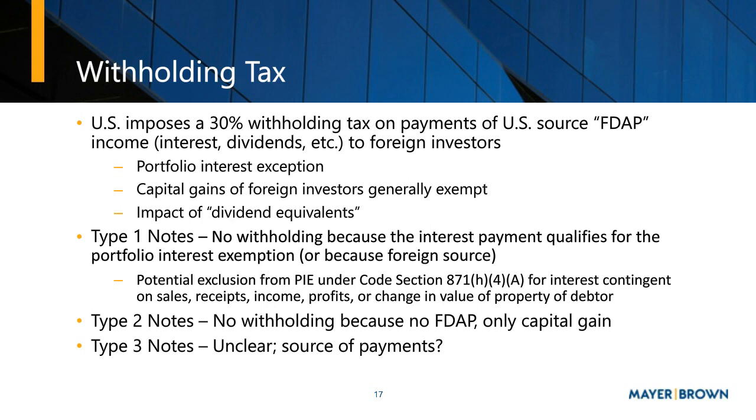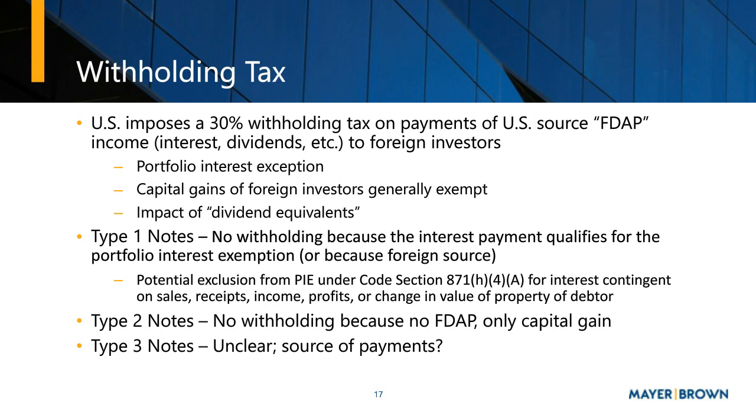And then finally, a limit on the portfolio interest exemption is that it cannot be contingent on the sales, receipts, income, or profits of the debtor, which again would be really rare for a structured note. So accordingly, there's generally no withholding on type 1 interest.